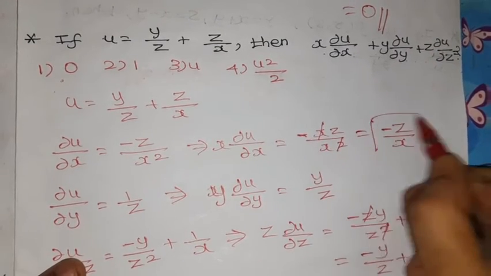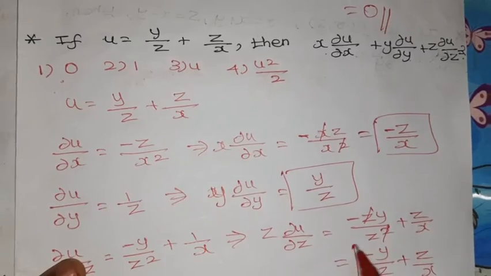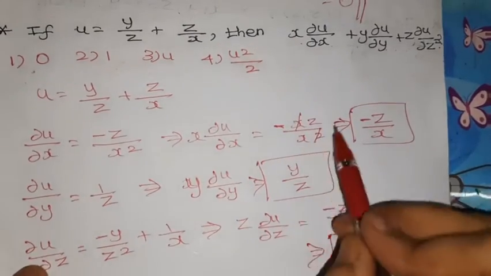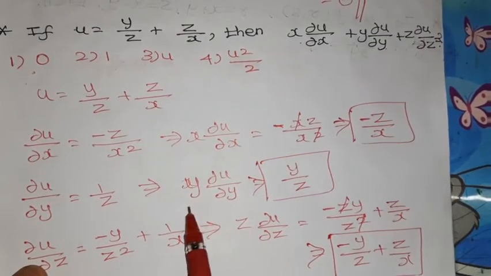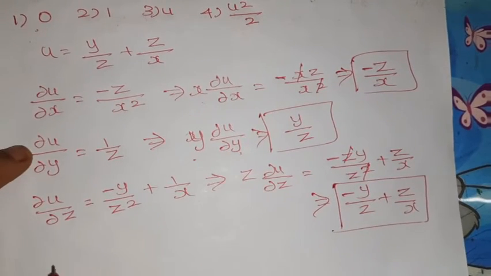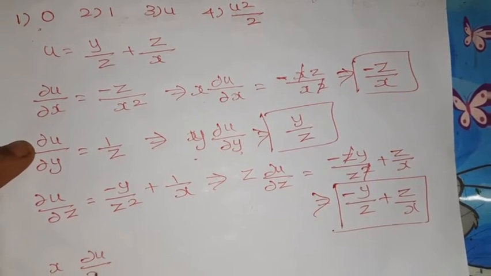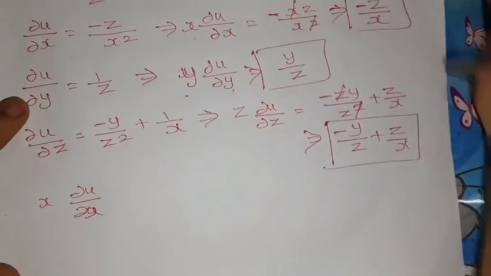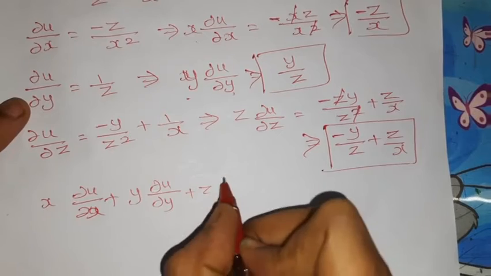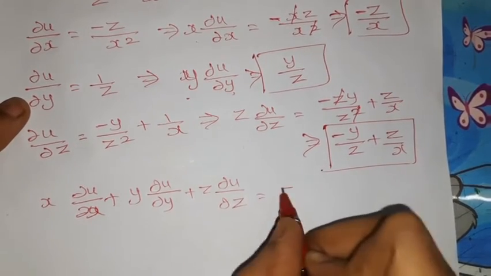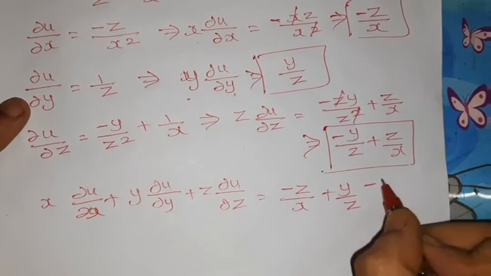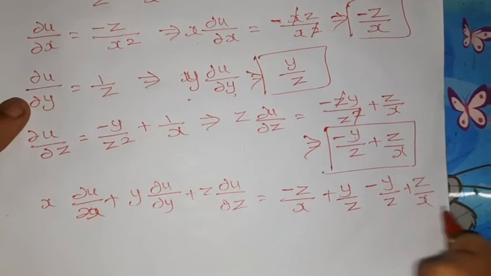So these three terms. What we need to do is add these three terms. On the left hand side, x ∂u/∂x plus y ∂u/∂y plus z ∂u/∂z equals, on the right hand side, adding those terms: minus z by x, y by z, minus y by z plus z by x.